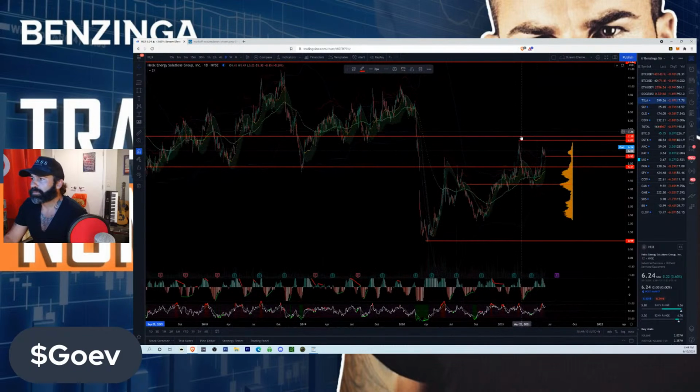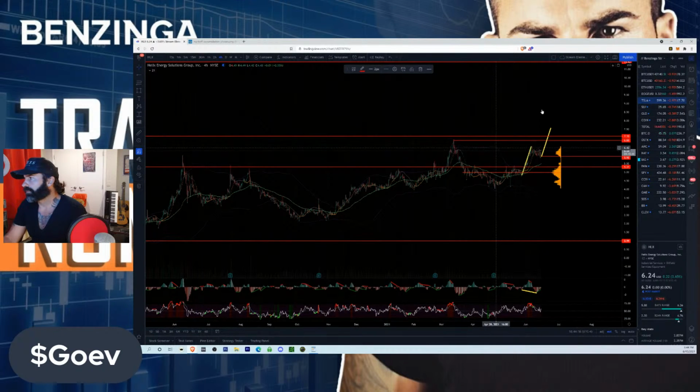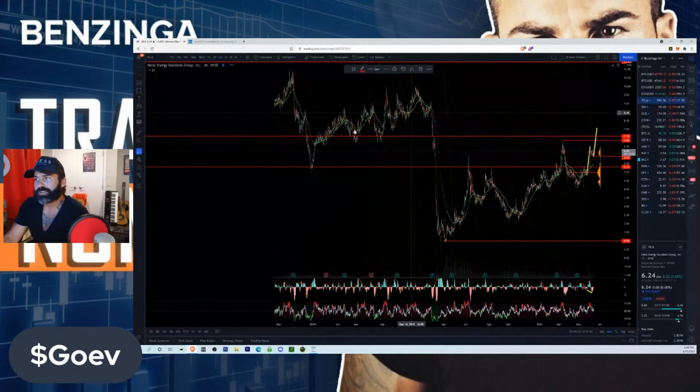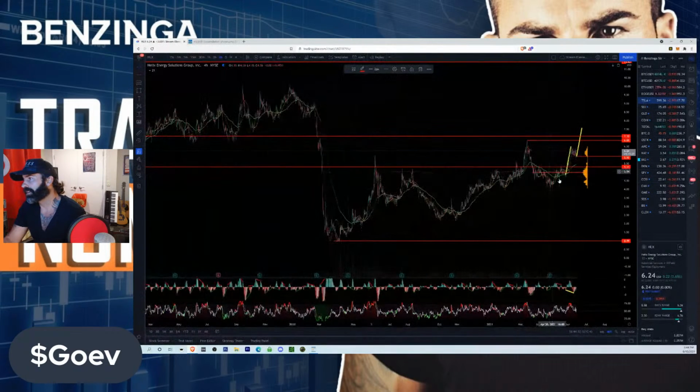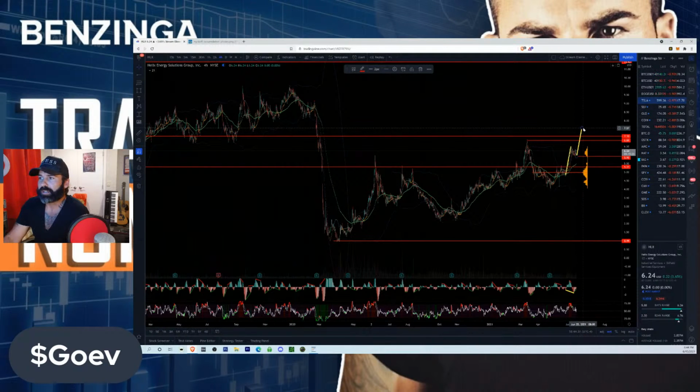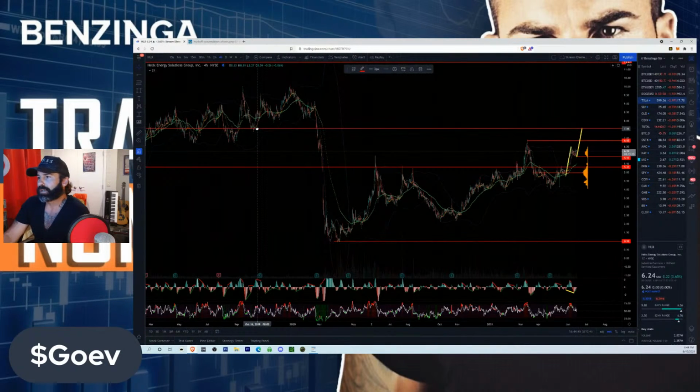I'd be keeping an eye on that $7 area. As far as that flag goes, that could bring you up into the high $7 zone, and then you're going to be seeing a lot of chop, a lot of stuff you've got to work through up here. But you're sitting at about 624 right now. That's going to bring you up to about 750.